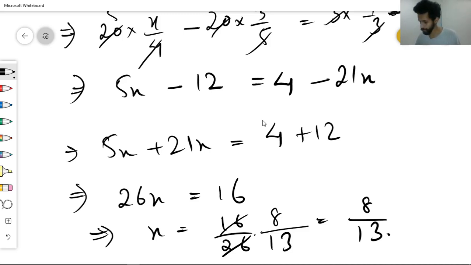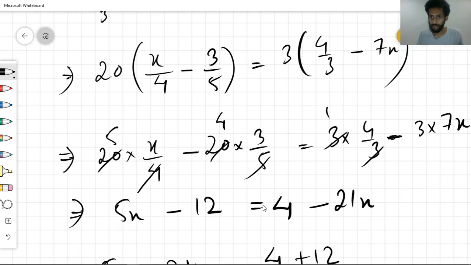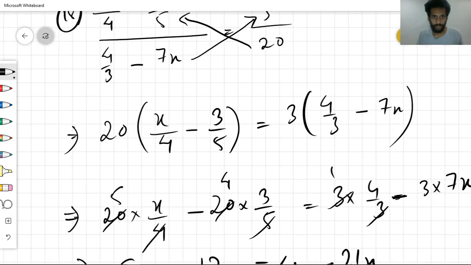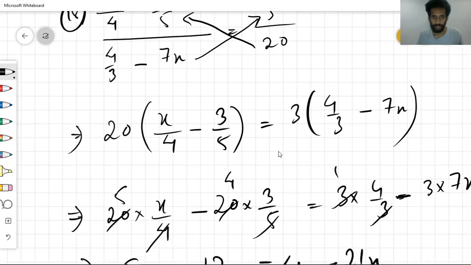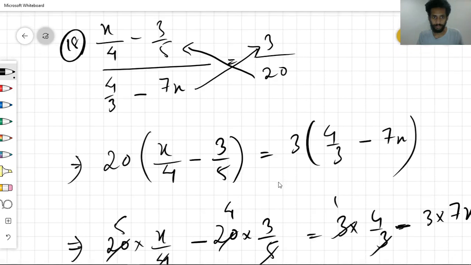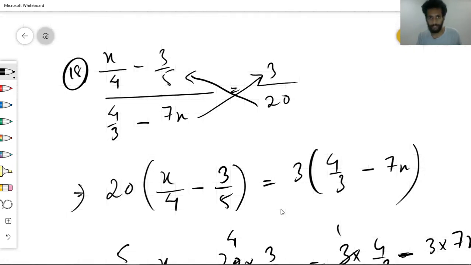It's 1 by minus 1 by 2. Did I do any mistake here? Let me check. 3 by 5 here, 3, 4 by 3 minus 7. Oh, this is minus here. There was a minus here, okay?